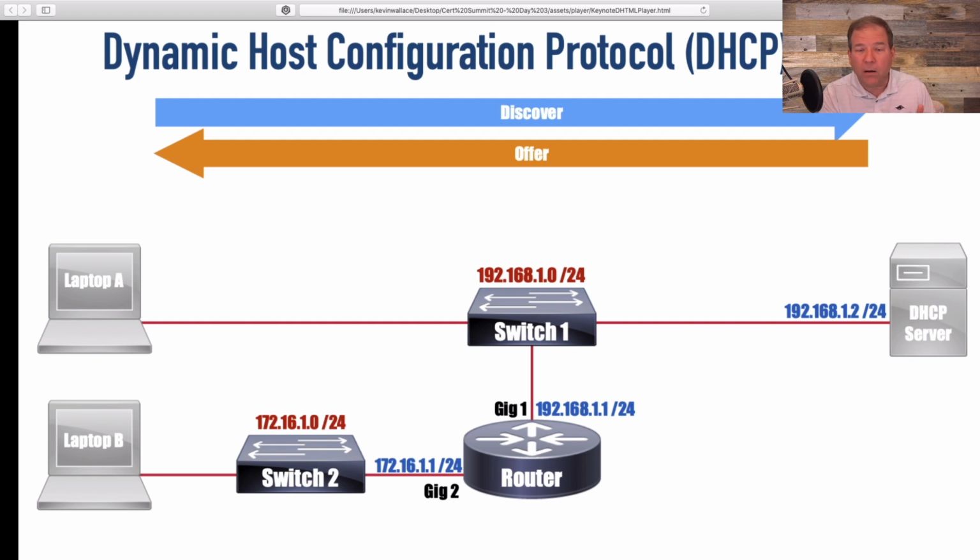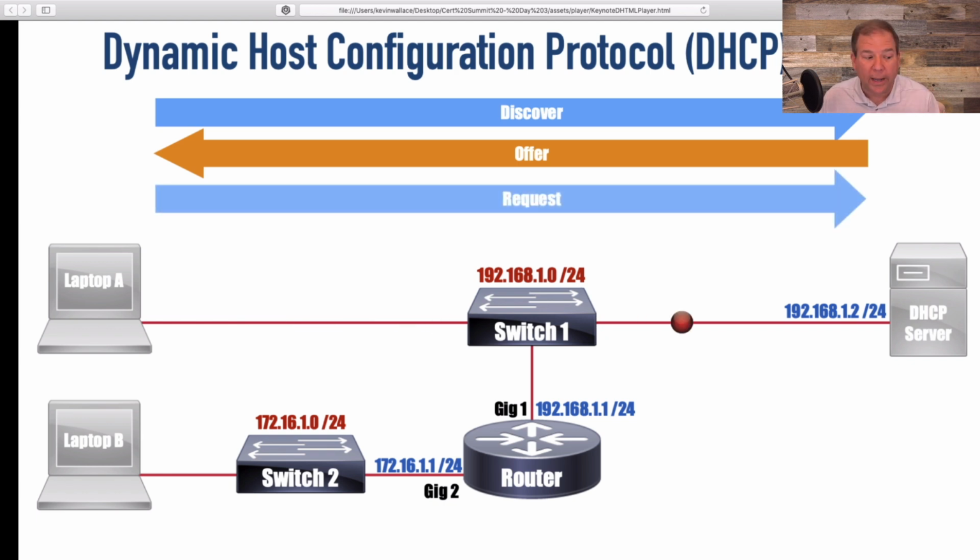Awesome. Now the laptop knows a destination IP address where it can say, okay, can you please give me some IP address information? So we're going to send a packet directly to the DHCP server. It's no longer a broadcast. That's the R in DORA. That's the request. Now, you might be wondering, how is that packet possible?